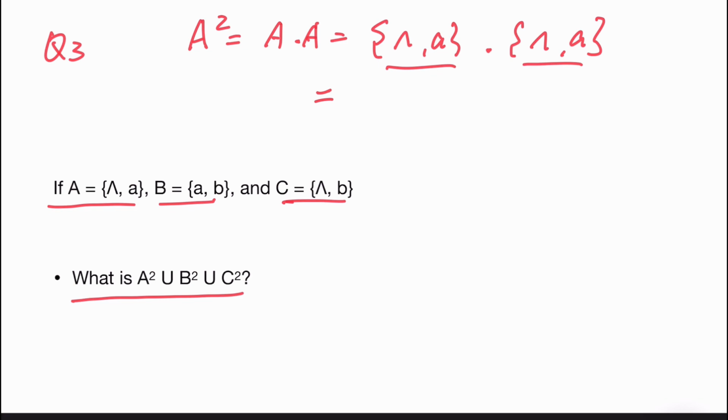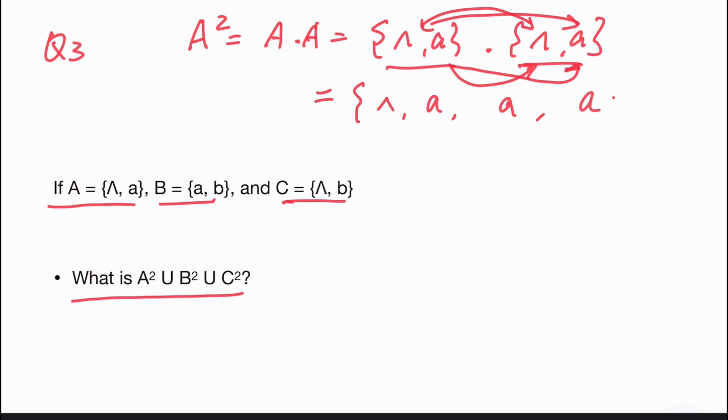So really we go for lambda with lambda, which will be lambda, and lambda with A would be A, right? And A with lambda, A. Then finally A with A goes to AA. And because we have 2 duplicates, we just cancel one out.